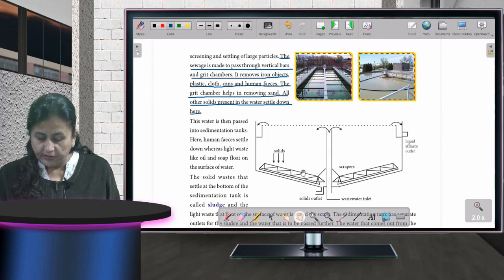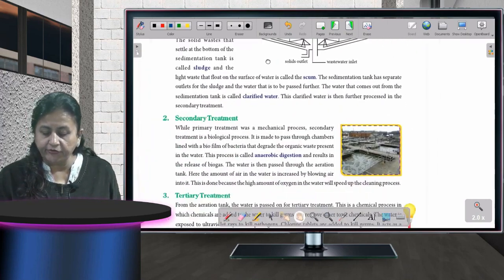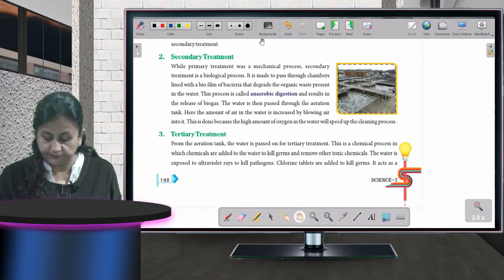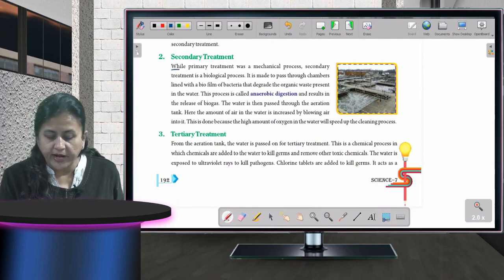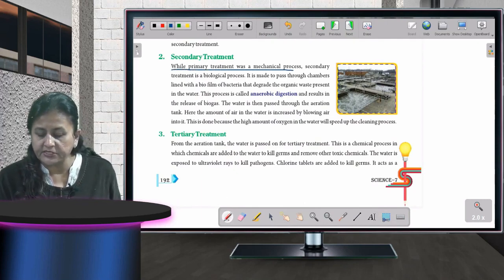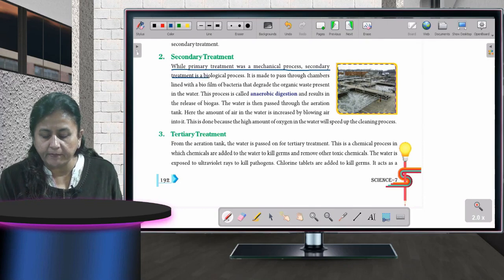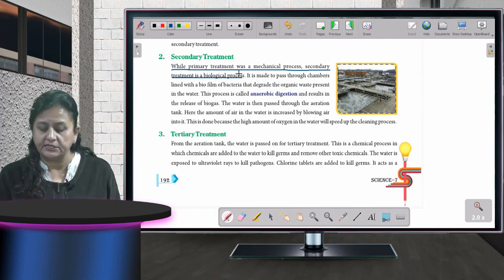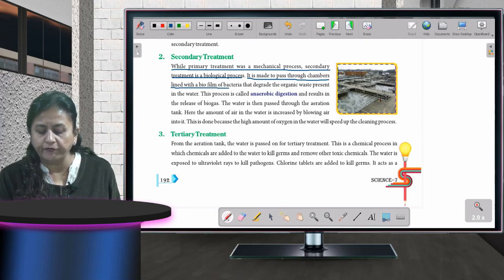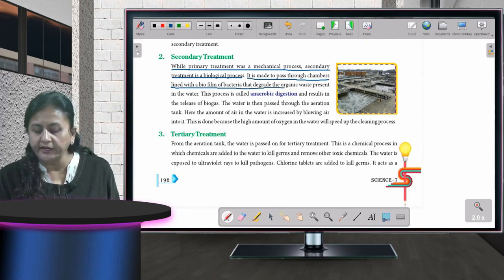Now, what happens in secondary treatment? While primary treatment was a mechanical process, secondary treatment is a biological process. It is made to pass through chambers lined with a biofilm of bacteria that degrade the organic waste present in the water.